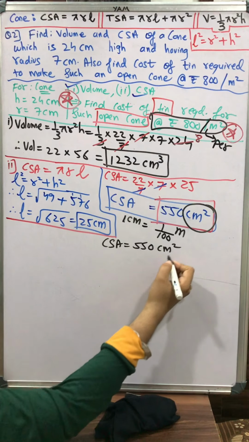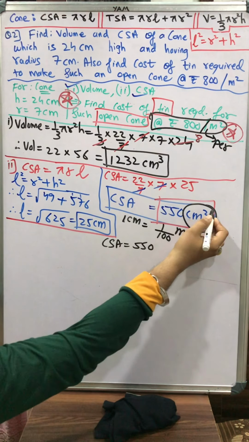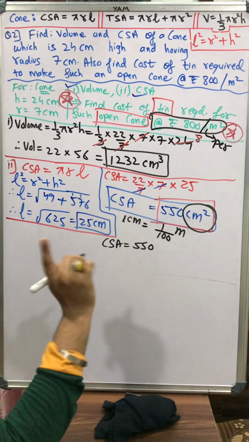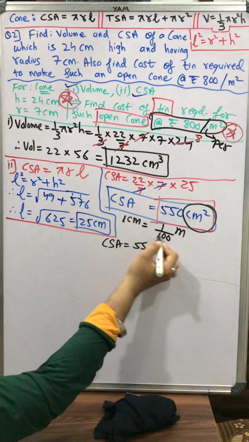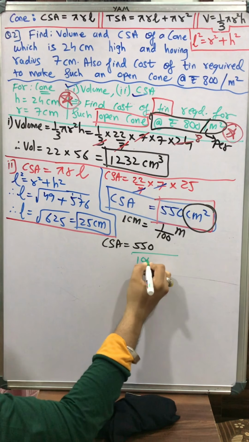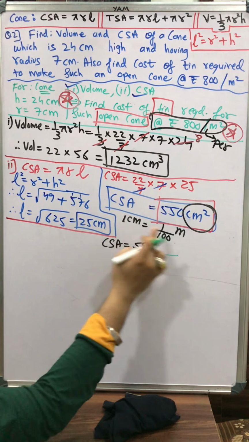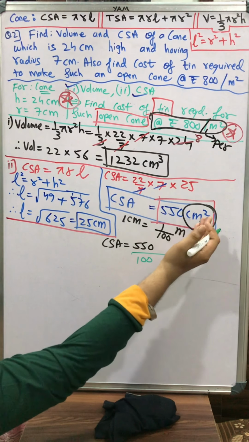If 1 centimeter was given, then we would have written 1 upon 100, dividing by 100 one time converts 1 centimeter into 1 meter. But here I have centimeter square, because this is an area.